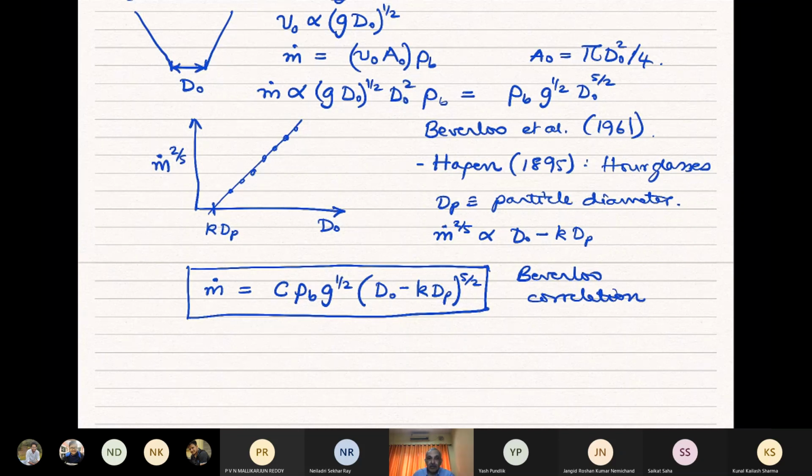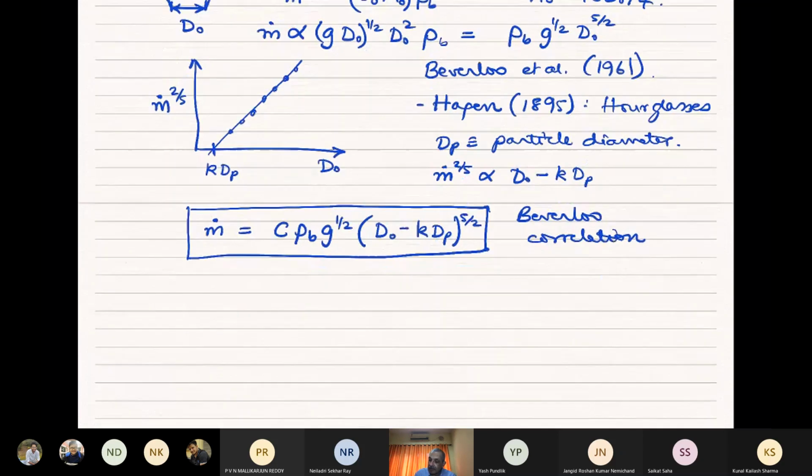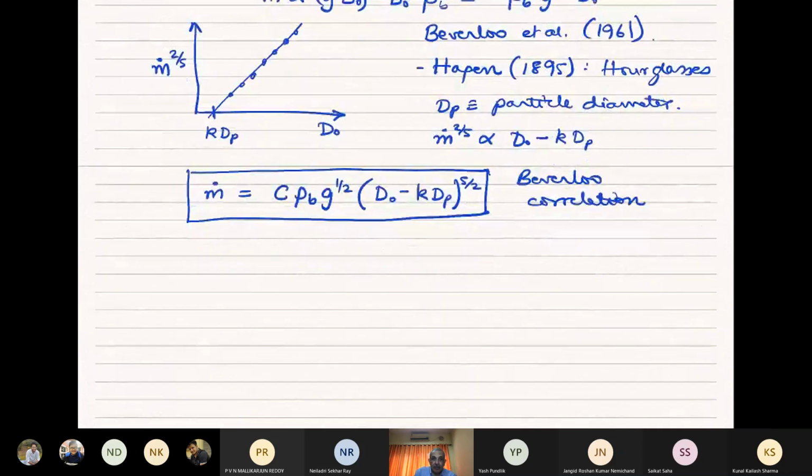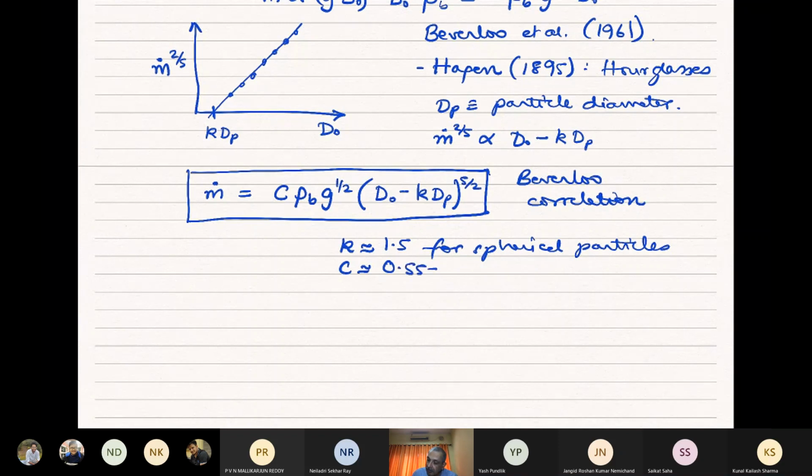Okay, and so this is an easy way that you can estimate the mass flow rate. Here K is approximately equal to 1.5 for spherical particles, and it's larger if the particles are angular, and then C is about 0.55 to 0.65.